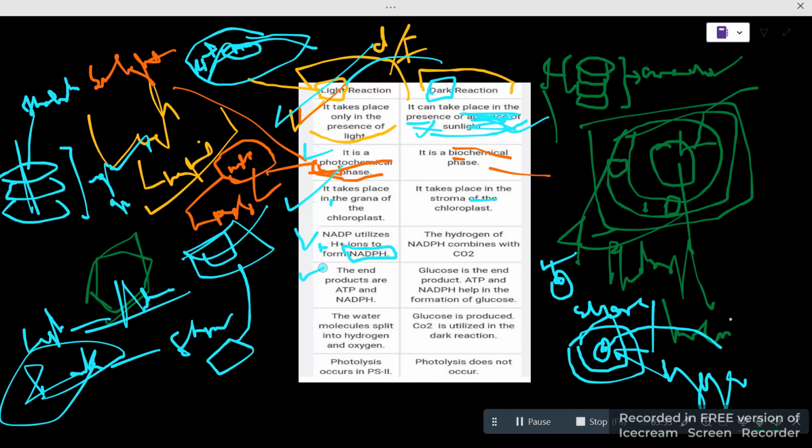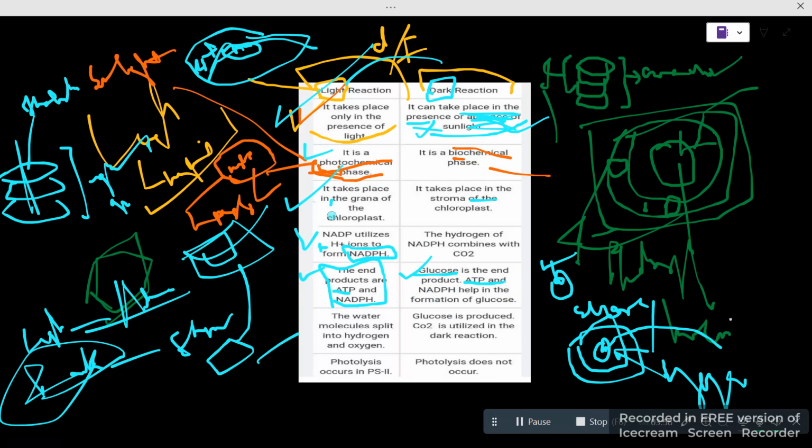Then the end products are ATP and NADPH, and you need to remember this whenever anyone asks you what is the last or end product of the light reaction: that is ATP and NADPH. In this one you will find that glucose is the end product, but ATP and NADPH will help. How will glucose be formed?